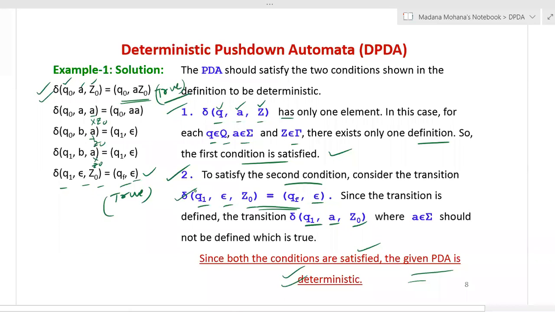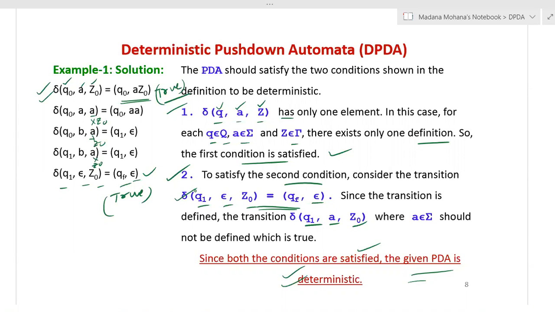It is not like a deterministic finite automaton. In a deterministic finite automaton, from a state with the same input symbol, it has only one next state. That is the first condition. Then it does not contain a transition with null, that is epsilon. If these two conditions are satisfied in any automaton, then that is said to be a deterministic pushdown automaton.